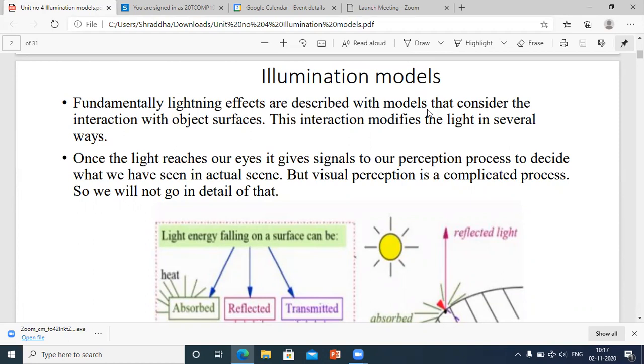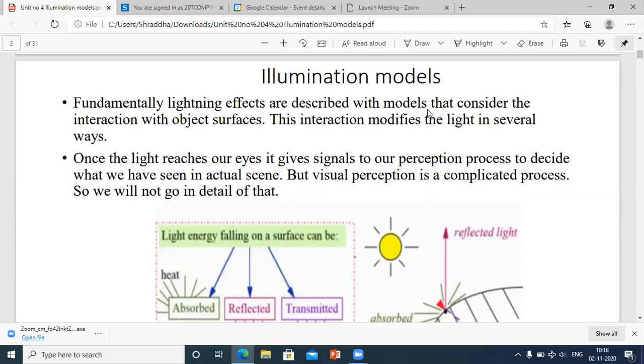So in this topic, we are going to see everything related to light models: how lights are reflected, how they are presented on different surfaces, and if light falls on a particular area, region or point, what is the end result of that reflection.